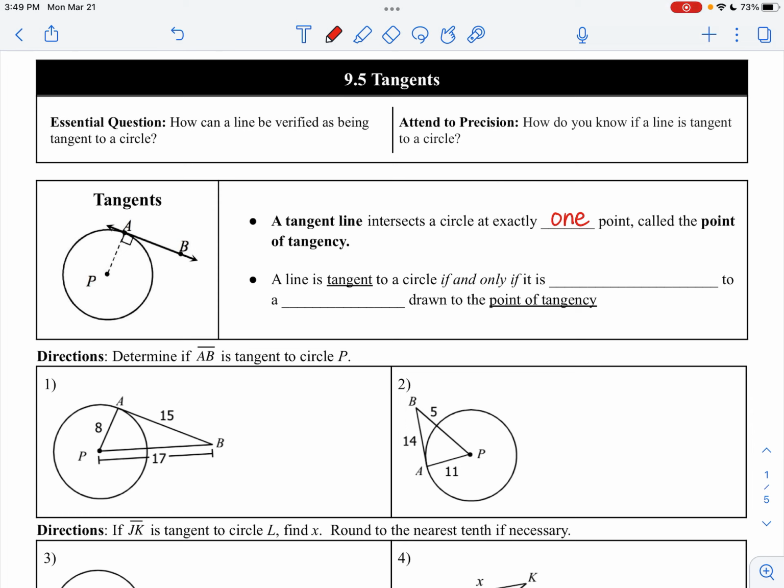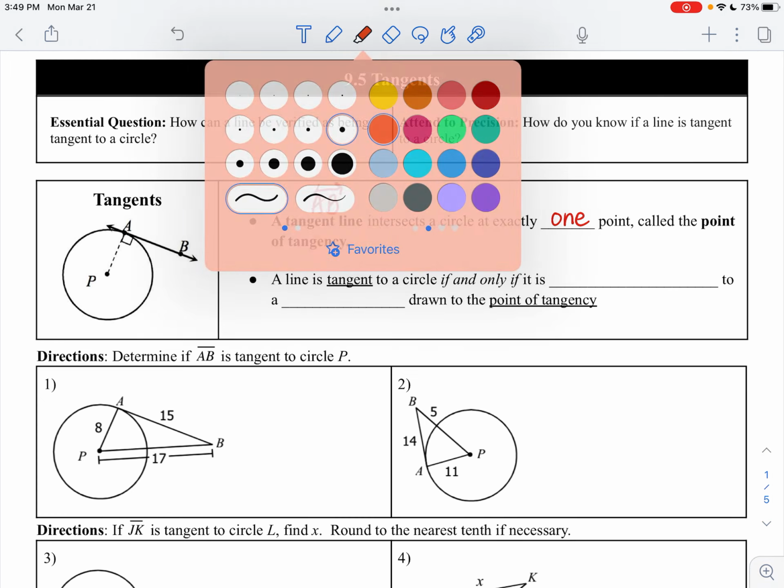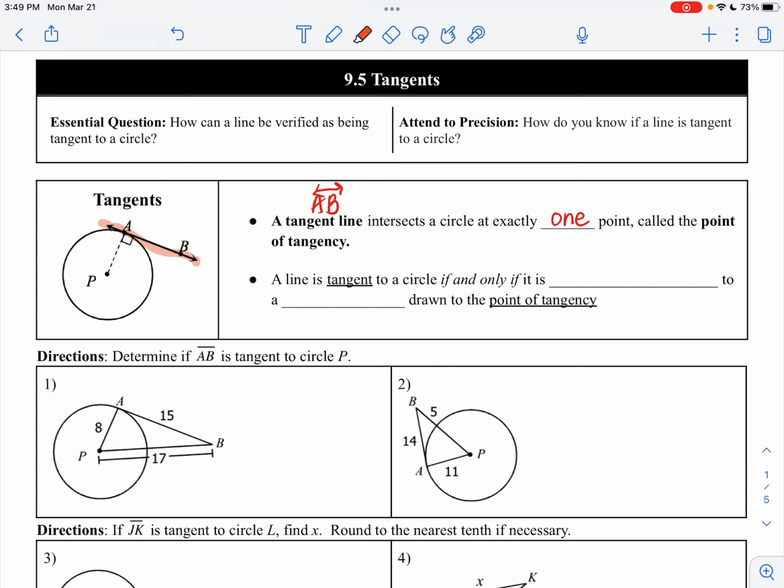In this example, the tangent line is AB. So this is the tangent line. And the point of tangency is point A. So the place where the tangent intersects the circle.